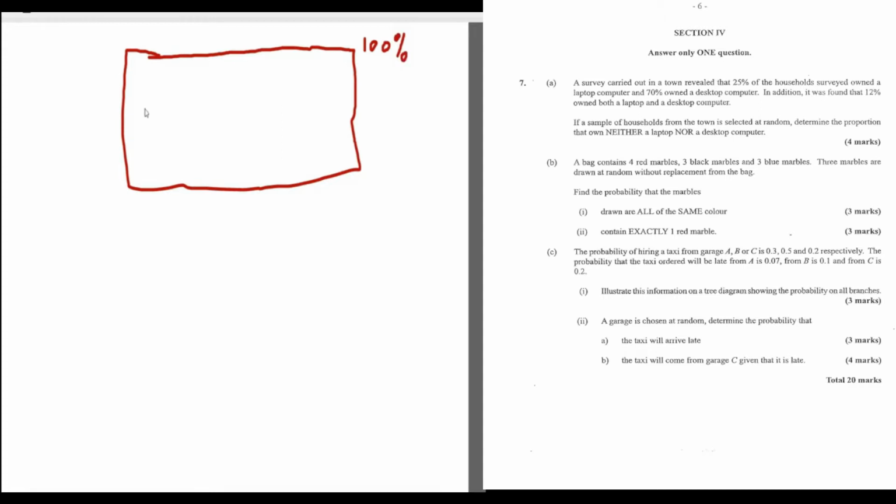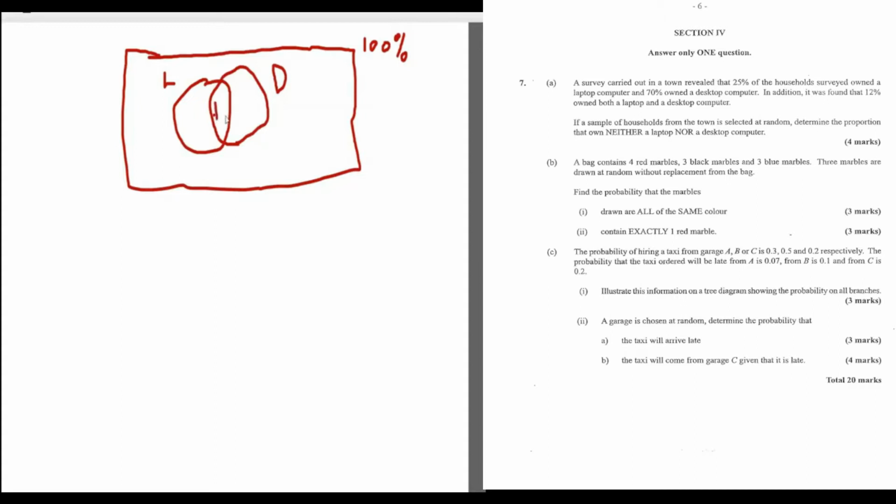They told us that you have a certain amount that own a laptop computer, I'll use L, and a certain amount use a desktop computer, which I will use D. They told us 25% own laptop, and 12% own both.